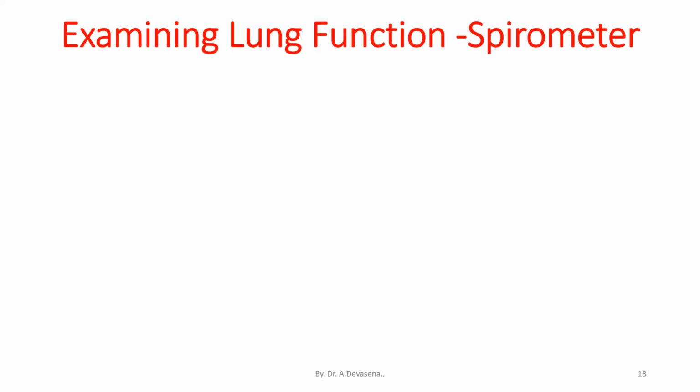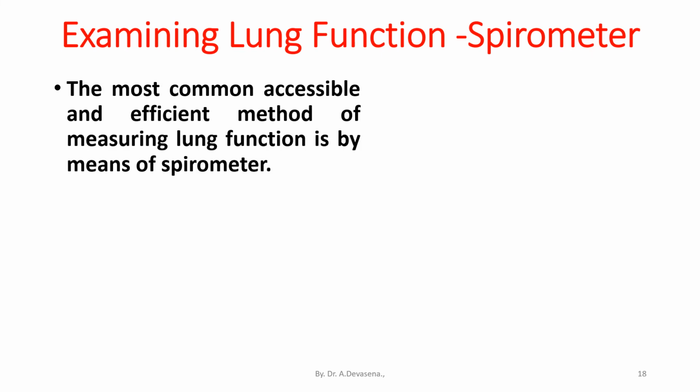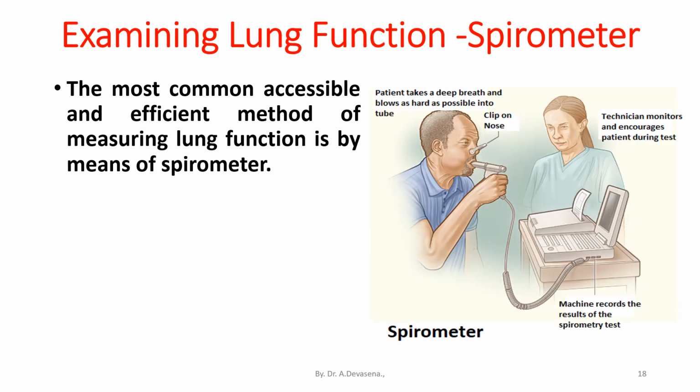Let us examine the lung function with the help of the instrument spirometer. The most common, accessible and efficient method of measuring lung function is by means of a spirometer. Here is a representation of a spirometer. Its purpose is to diagnose obstructive diseases of the respiratory system.